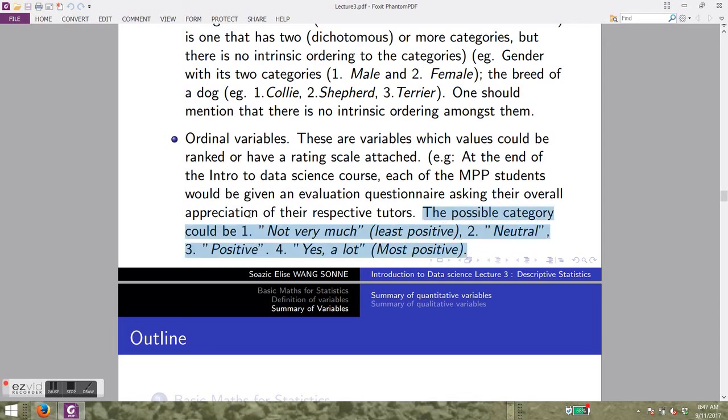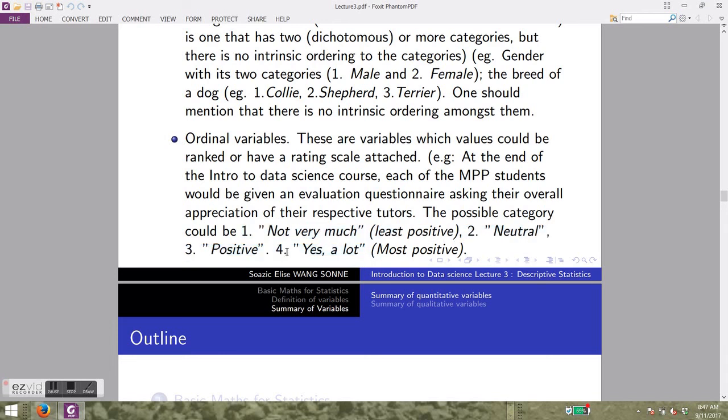So the first one is you don't appreciate them very much, you think they are not performant at all, so least positive. The second category is you're neutral. The third one is you think it is positive. The fourth one, you just say yes a lot, you appreciate them a lot. And then you have to choose, and you will clearly see that a tutor that got a 1 is worse off compared to the one having a 4.